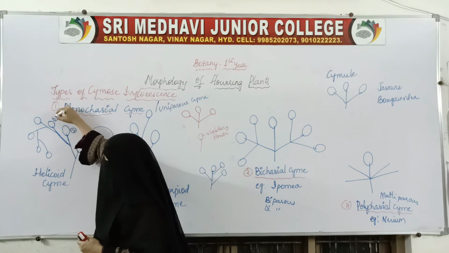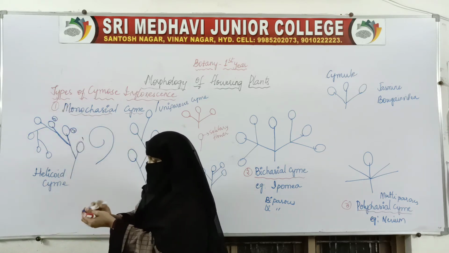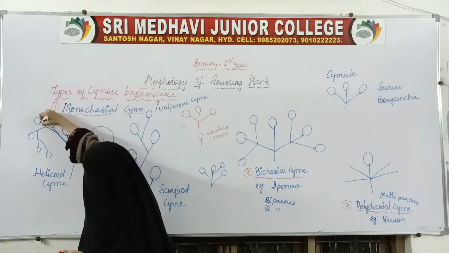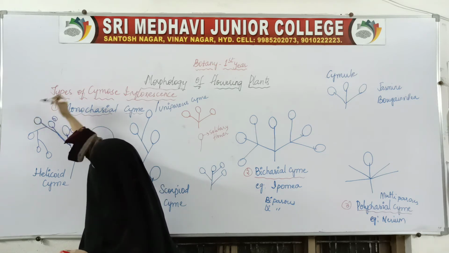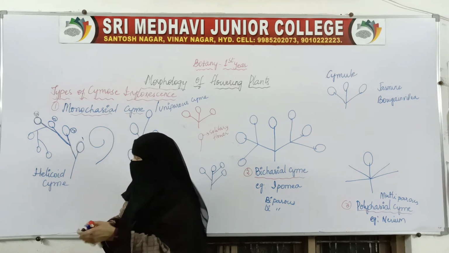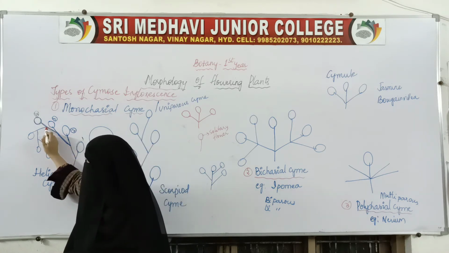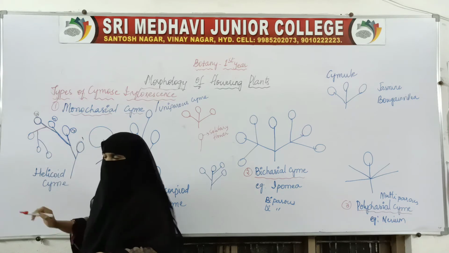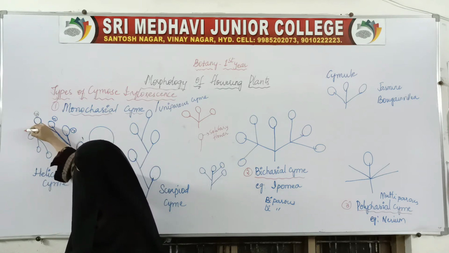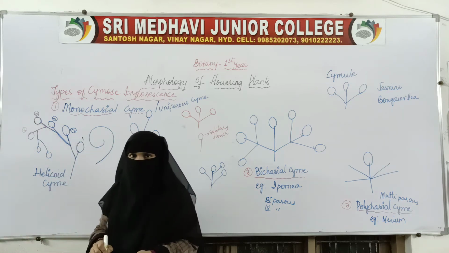Now it terminates into a flower. This is the third one. From this side only a branch is coming, also terminating into a flower. This is the fourth flower. From this side only another branch is coming, also terminating into a flower. This will be our fifth flower.